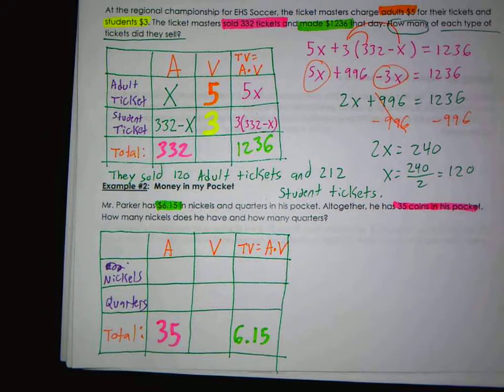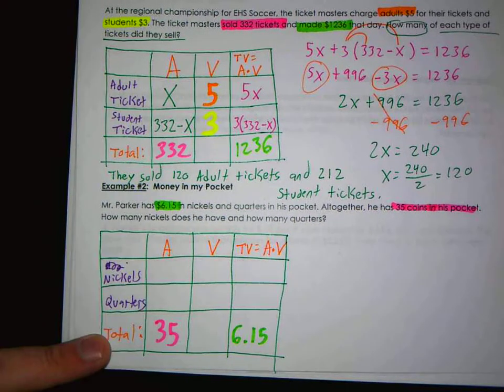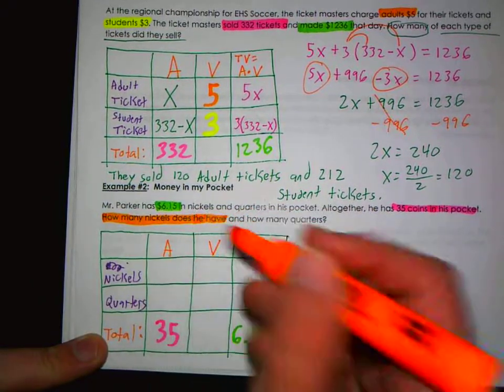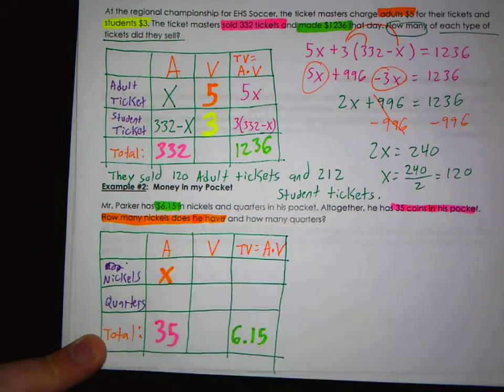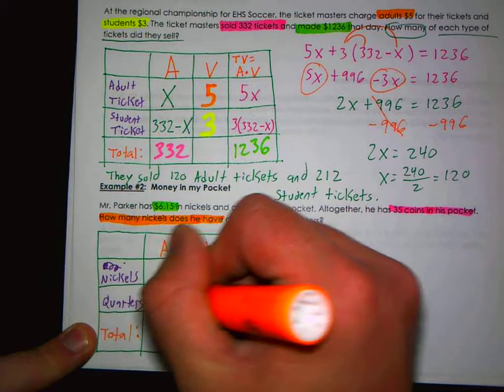And then they say, how many nickels does he have? Well, let's make that x, which would then make this 35 minus x.